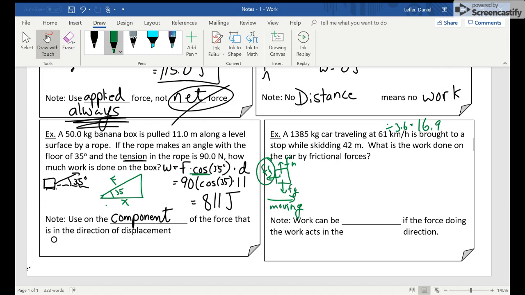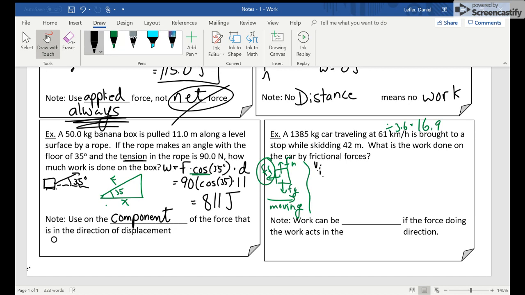In order to do this, we need to know what our force is, the force of friction. So we need to know what our net force is. So we need to know what our mass and our acceleration is. We don't know what our acceleration is. We actually have to calculate this. This is going back to, I'll just switch to a different color, the big three.